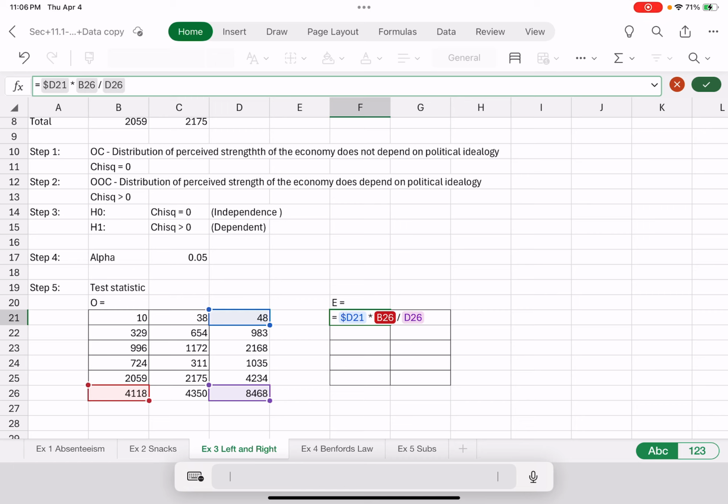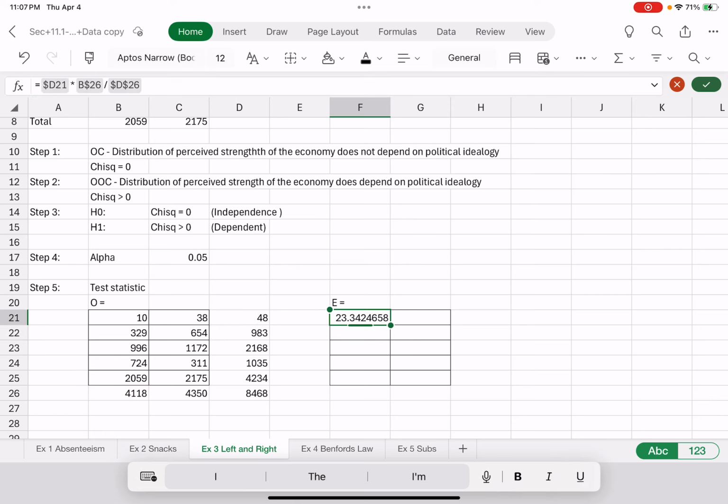Now the column total, I don't want it to change when I change rows, because it's in the same column. The row designation is the number, so I'm going to put a dollar sign in front of the number. Now the grand total, I don't want it to change at all, so I'm going to freeze that whole cell. Enter. Okay, there it is.